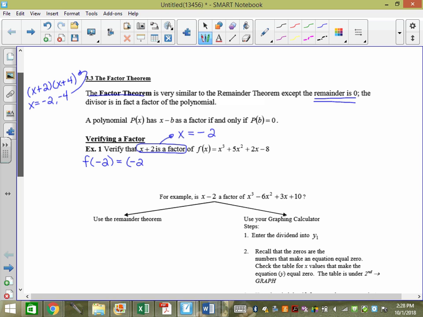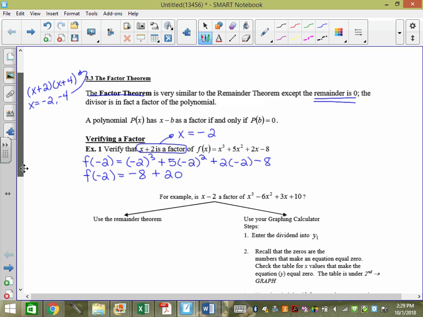And we get -2 cubed plus 5 times -2 squared plus 2 times -2 minus 8. So we get f of -2 equals -8 plus -2 squared is +4, times 5 is 20.